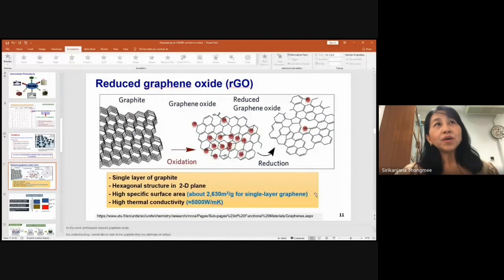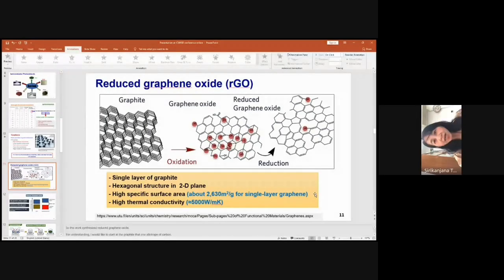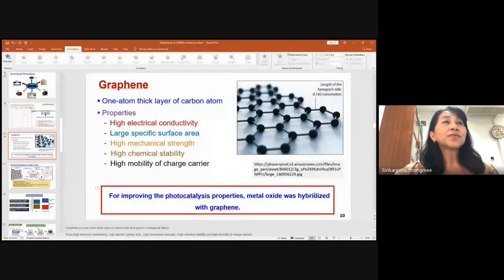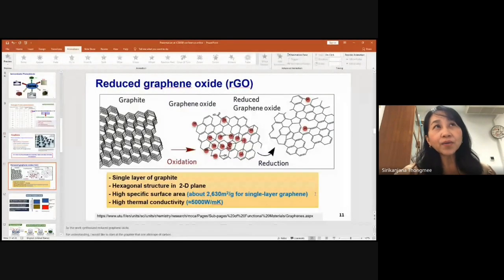So now, as we know graphene, let's see how we can get reduced graphene oxide. Reduced graphene oxide actually starts from graphite. From the graphite, we do oxidation to get graphene oxide.